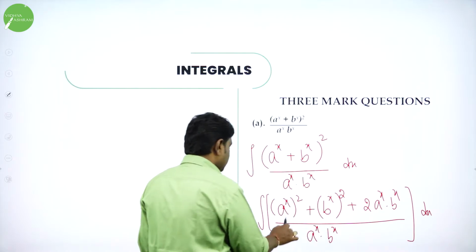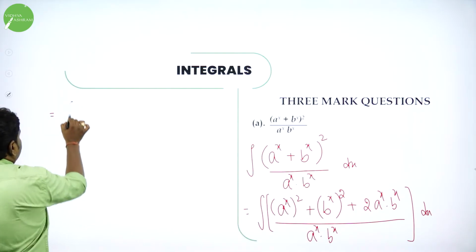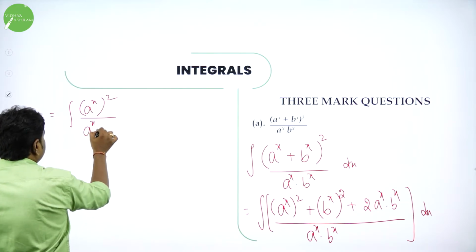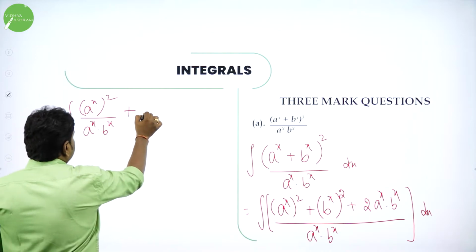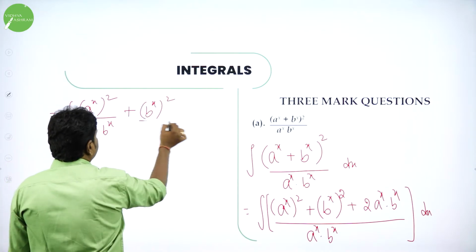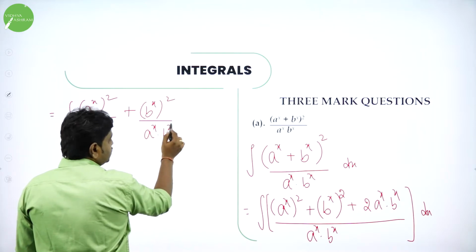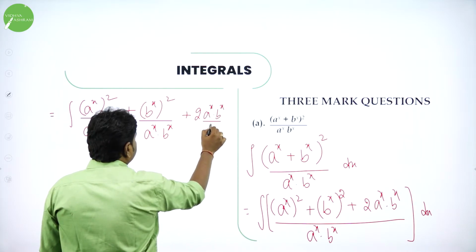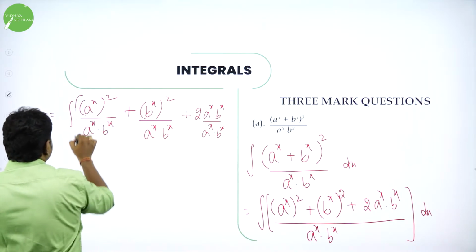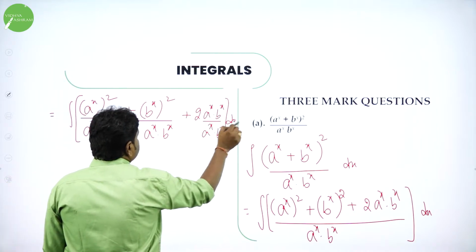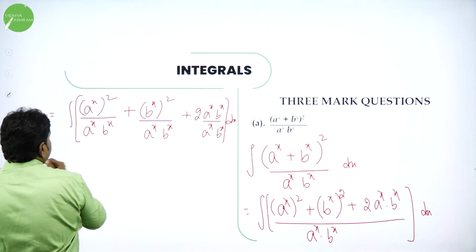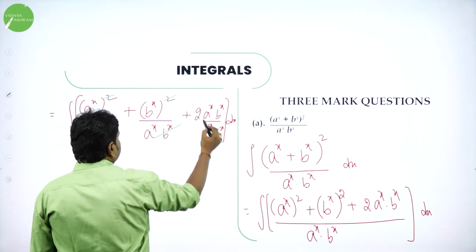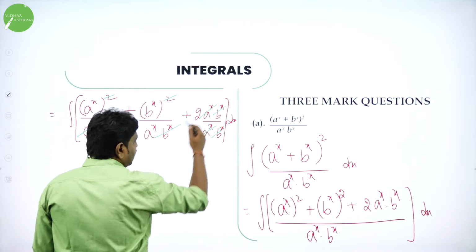Now further simplify this, then you will get integral of a power x the whole square, split this, divided by a power x b power x plus b power x the whole square divided by a power x into b power x plus 2 a power x into b power x divided by a power x b power x with respect to what? X. Now simplify the terms. I can cancel 1 a power x and 1 b power x in each term, so a power x and b power x cancel.